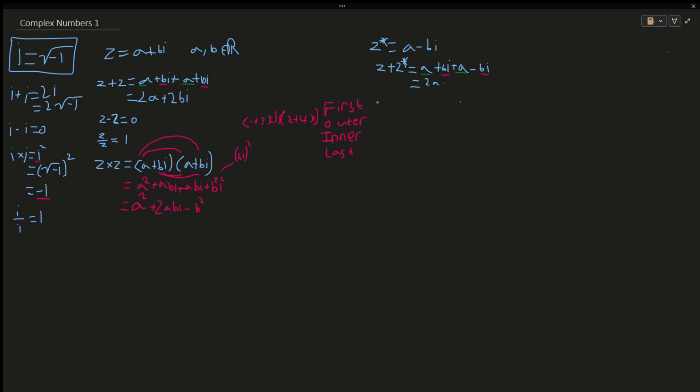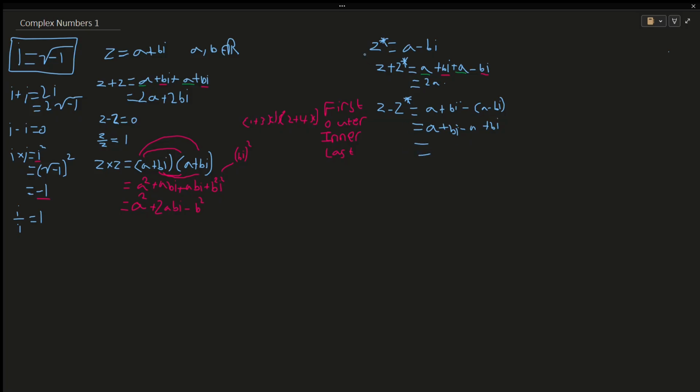And the next one, z minus z star, which would be a plus bi minus a minus bi. Write that so we don't forget. And then we can rewrite this as a plus bi minus a plus bi.